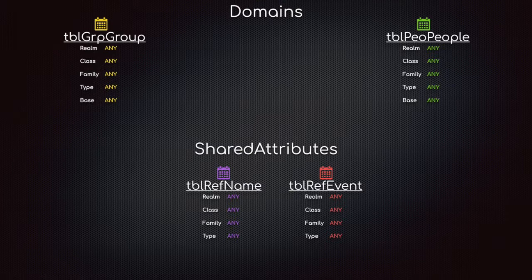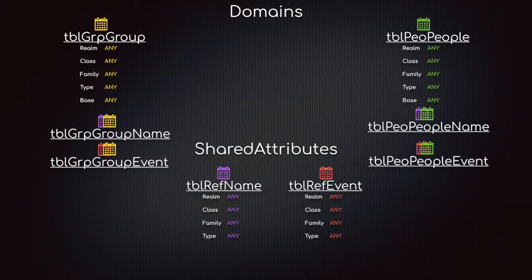And the realm records will always point to a specific domain. So a realm record in event would be people event, and another one would be group event. A realm record in name would be people name and group name. That's because the base table of a shared attribute is a combination of that shared attribute and a domain.